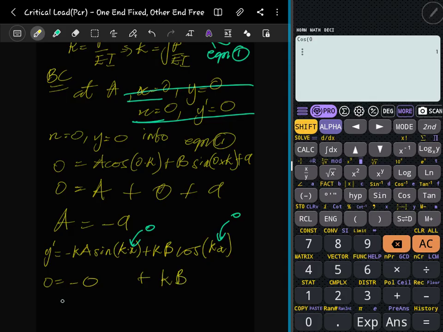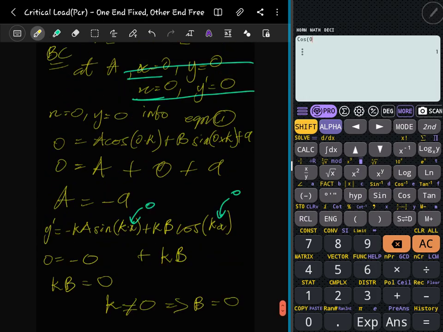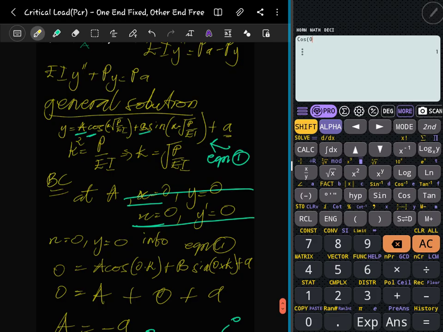This means that kB is equal to 0, but our k cannot be equal to 0. So this implies that the B constant is 0. So the equation that we get finally will be this.